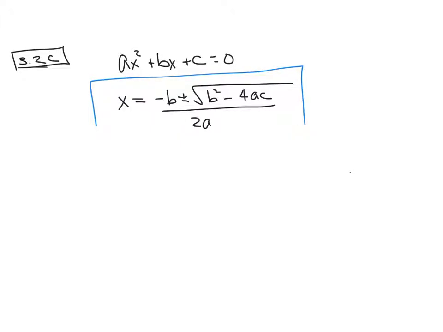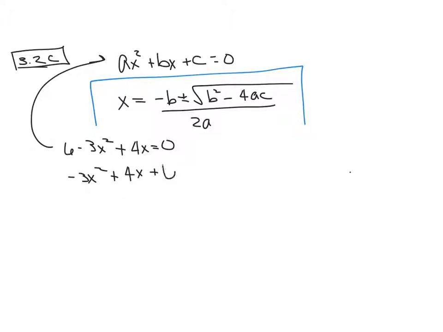If I give you 6 minus 3x squared plus 4x equals 0. Alright, first of all, what you have to do is put it in this format, in that order, just because it's easier. So we're going to put the negative 3x squared first, then the 4x, and then the 6.